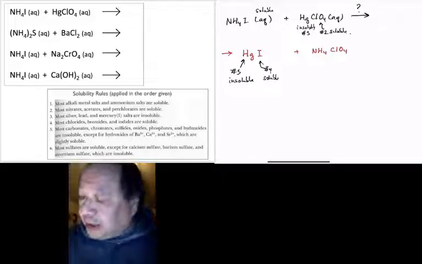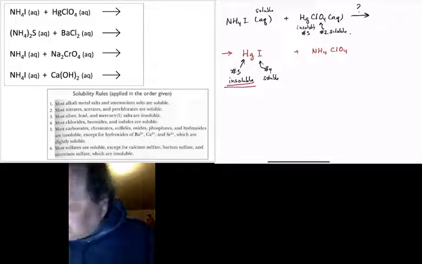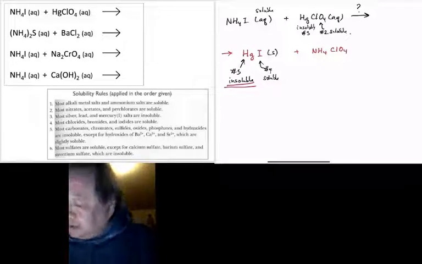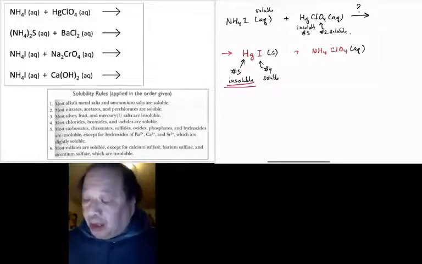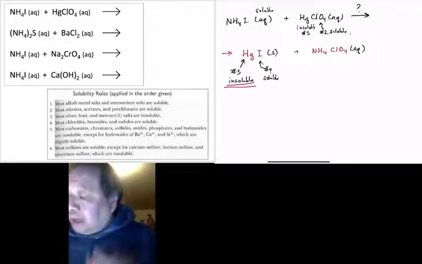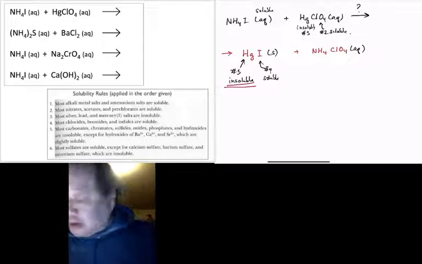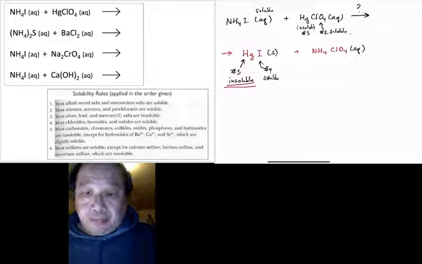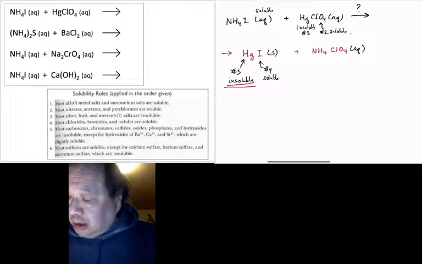And now the insoluble character has precedence, and therefore HgI is a solid. NH4 by rule number 1 is soluble. Perchlorate, ClO4, rule number 2, is soluble. This is still aqueous, but that is a product. If you mix NH4I, which is dissolved in a liquid, and HgClO4, which is dissolved, you'll start seeing a precipitate, which is HgI.